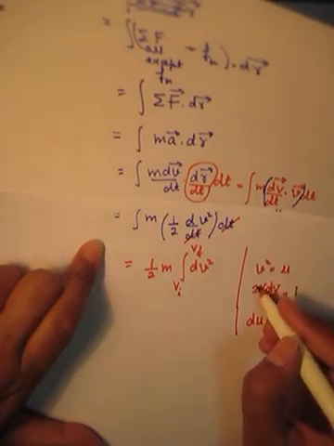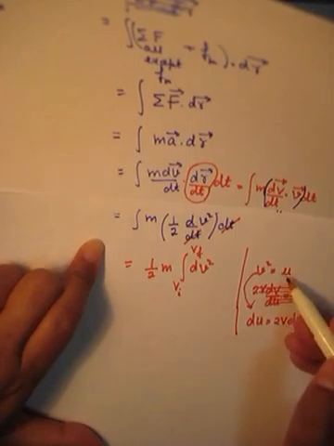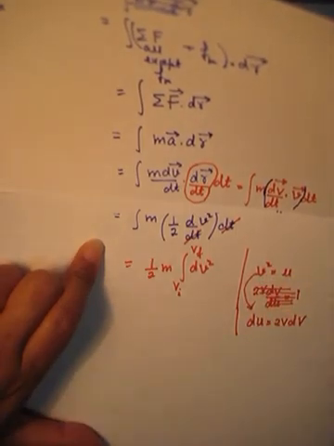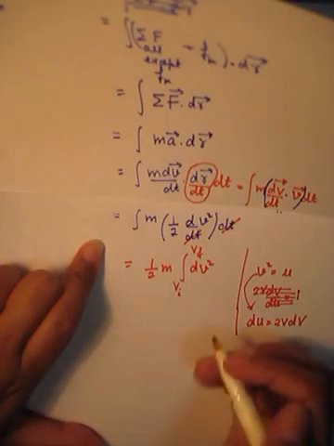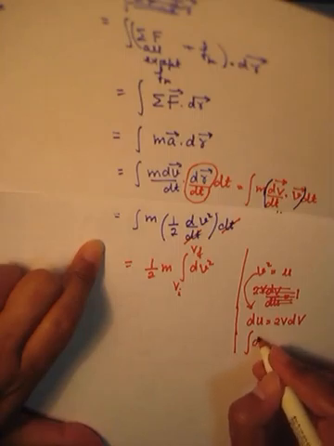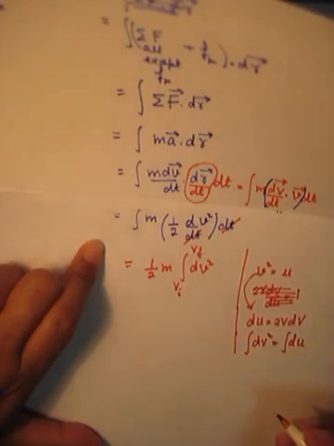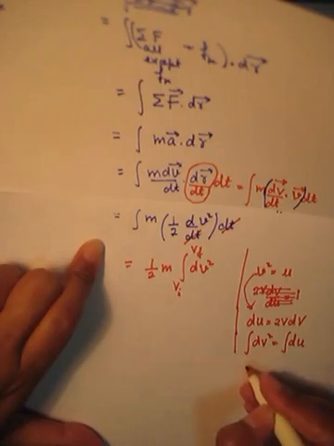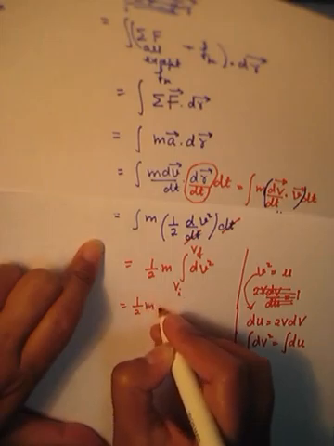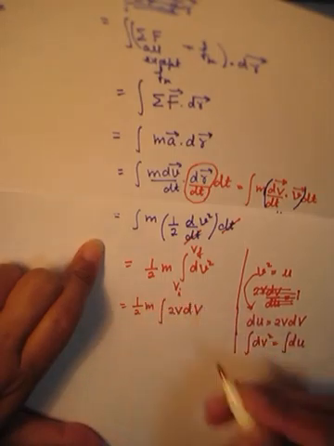Or simply from here you can write directly that du upon dV will be equal to 2V. Okay, so if we take an integral of dV square, then it will be integral of du. Or we can say that it will be, maybe I'll write it here itself, integral of 2V dV.